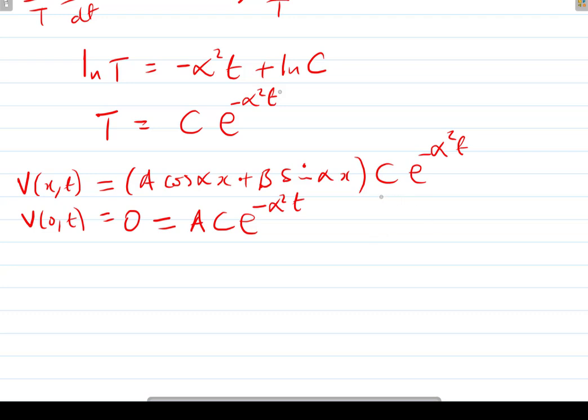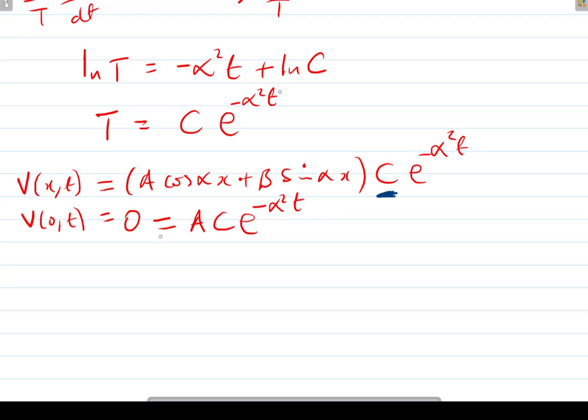This c cannot be 0. Why? Do you know why? In case you don't know, if c is 0 here, it means the v of this becomes 0, and we don't want a trivial solution. So we cannot go with a trivial solution, so c cannot be 0.